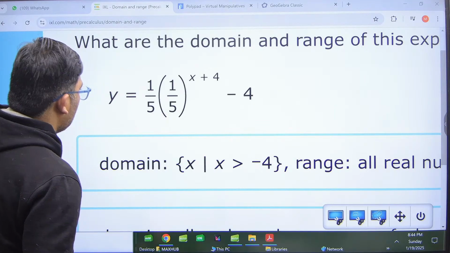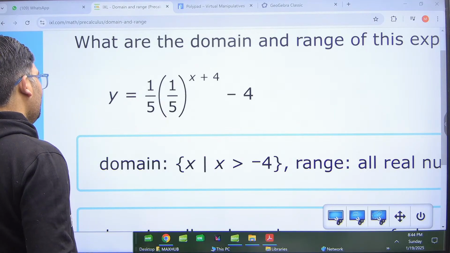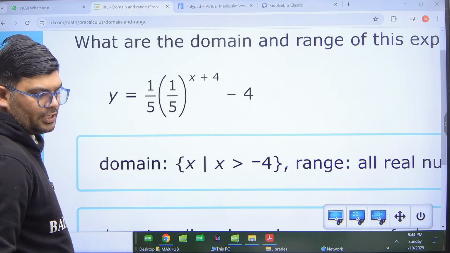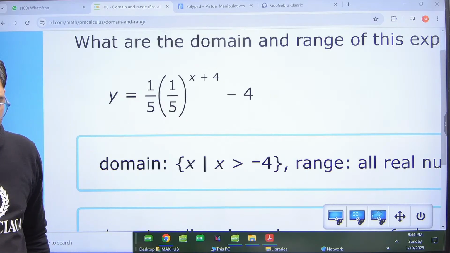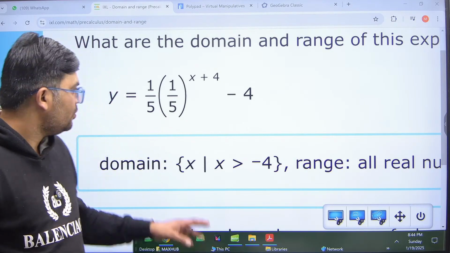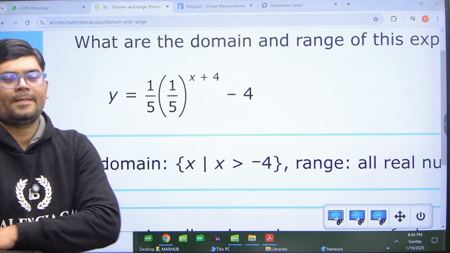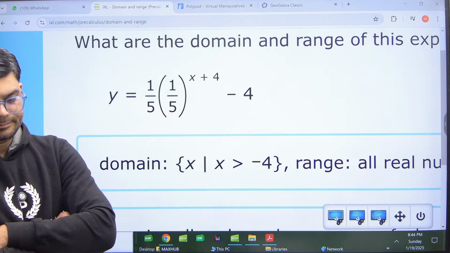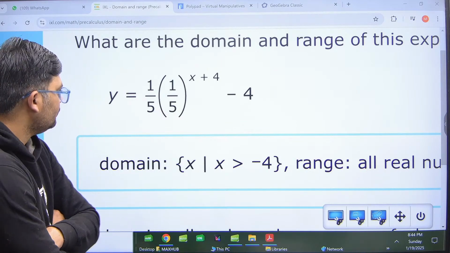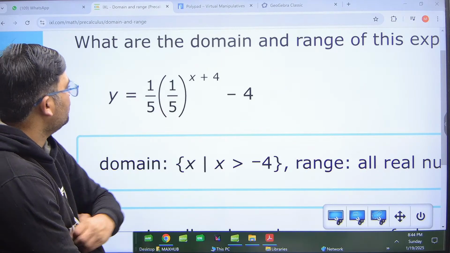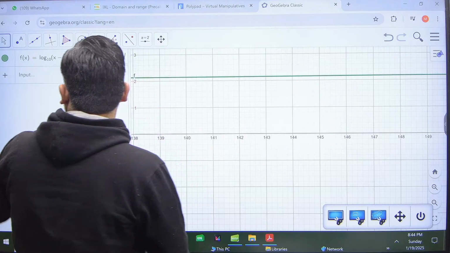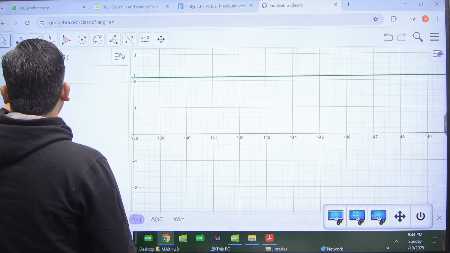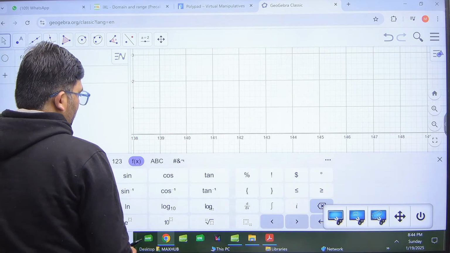So 1 by 5, please note this down so that I can make the graph. Okay, wait, let me note this down. Done. So what is the function?